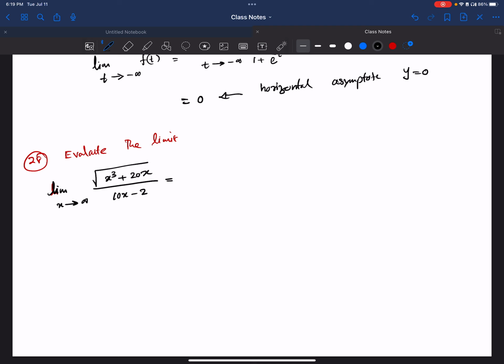Now, the highest power of x in the denominator is x, so I can take that value and divide everything by that.